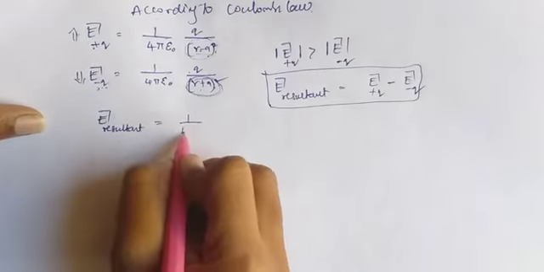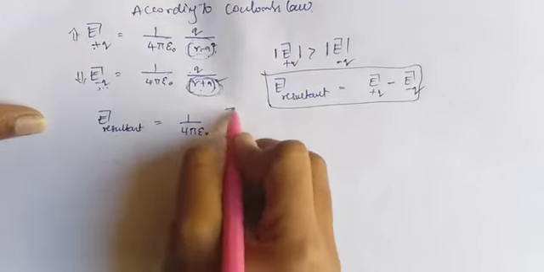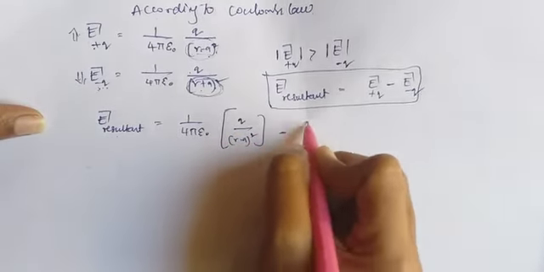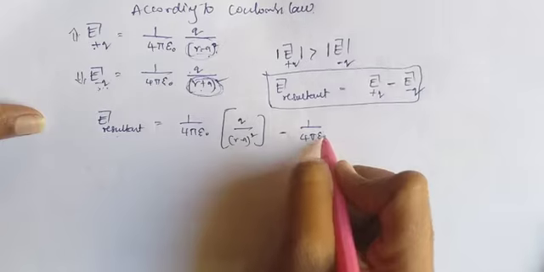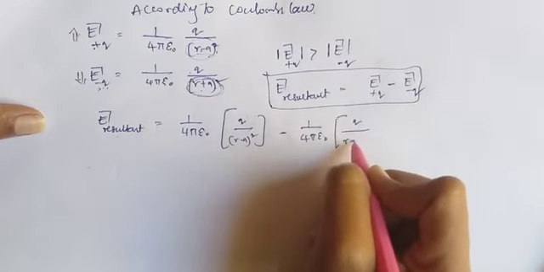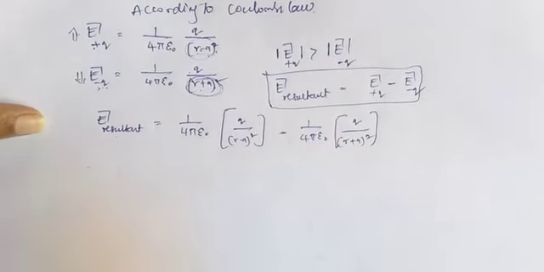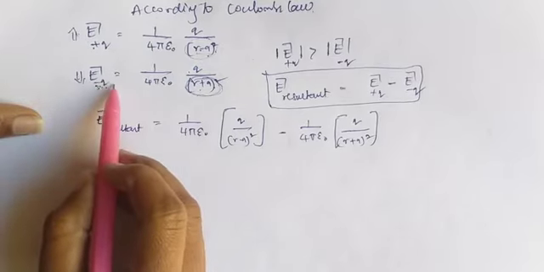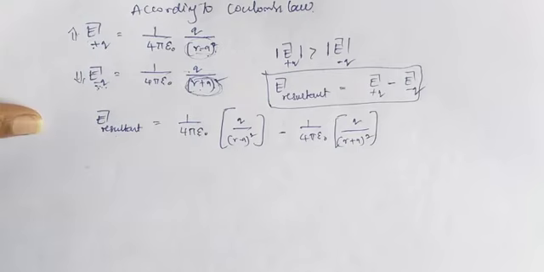So that is 1 by 4 pi epsilon naught Q by (R minus A) whole square, minus 1 by 4 pi epsilon naught Q by (R plus A) whole square. Or else, since we are taking the negative charge, just place the negative here, no problem.